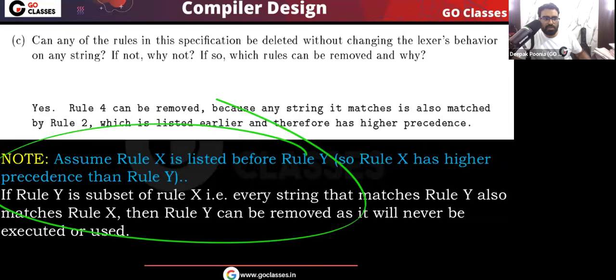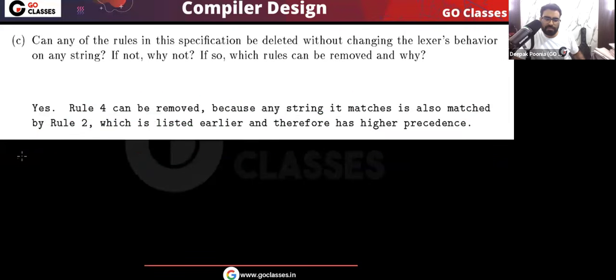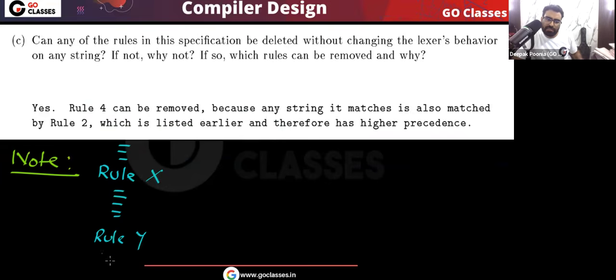Let me give you a note here. You can see this is the note. Let me write. See, let me make a diagram here. Let's assume that there is a rule X, and there is a rule Y here. Now this is the situation.